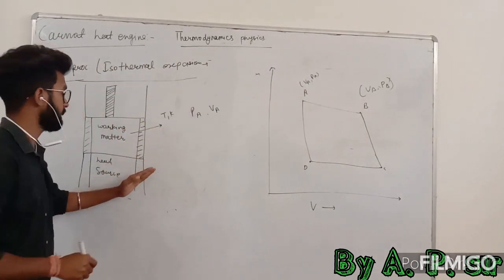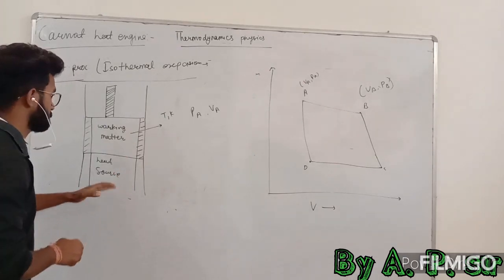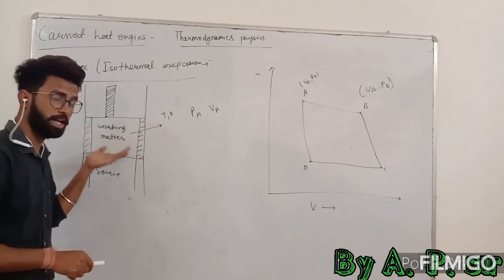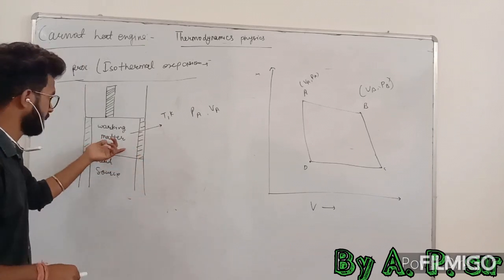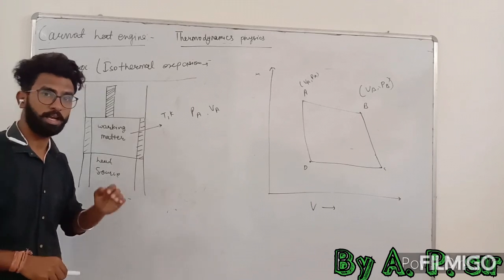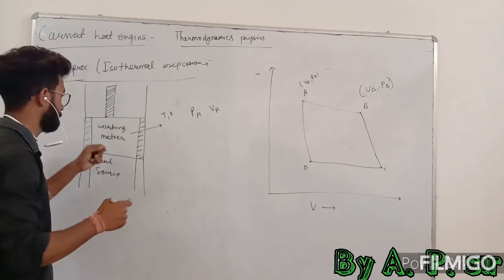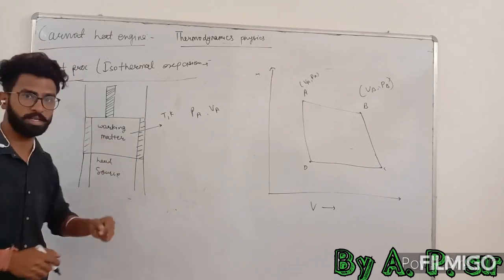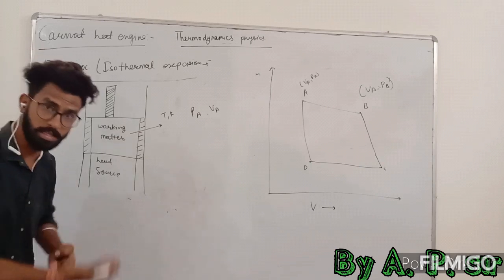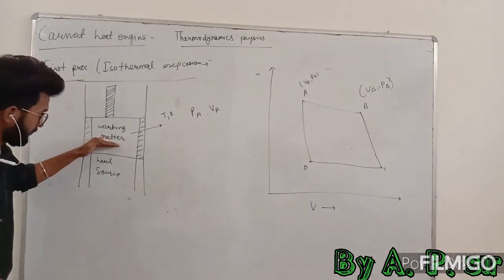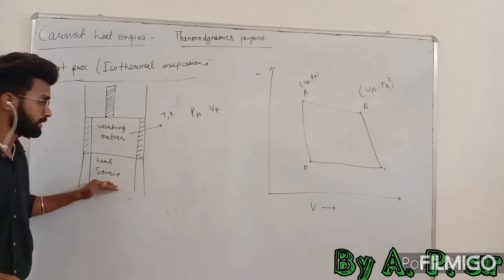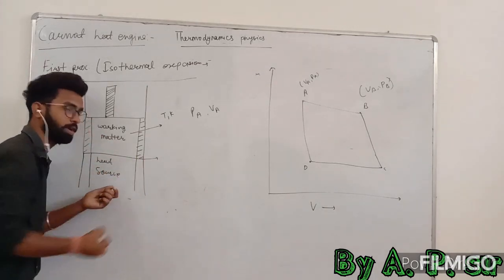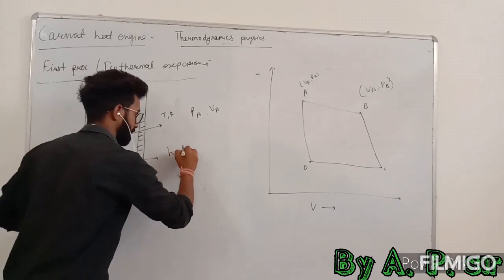When the pressure of the working material decreases, the internal energy of the working material decreases, and then the temperature would decrease. But at this time, the working material is connected with the source, and this wall is heat conducting.